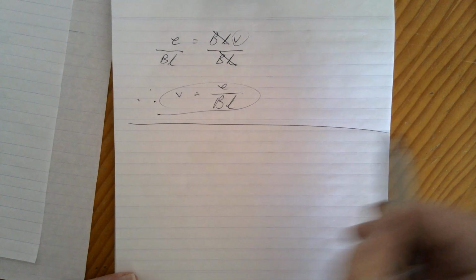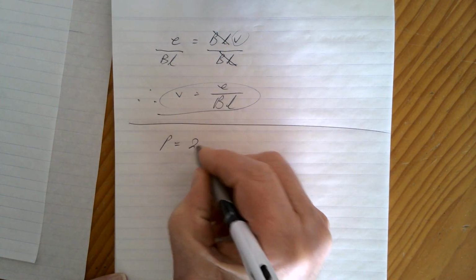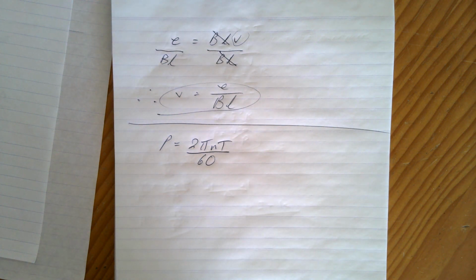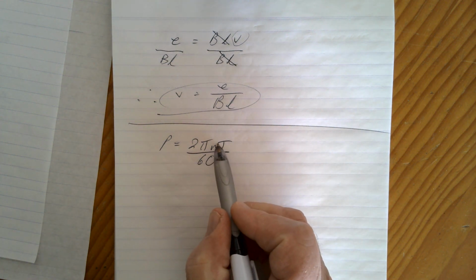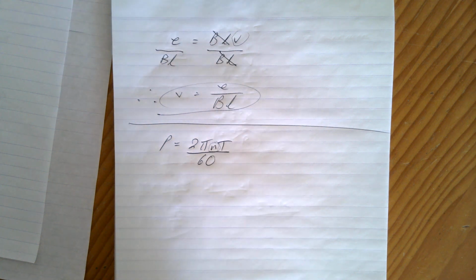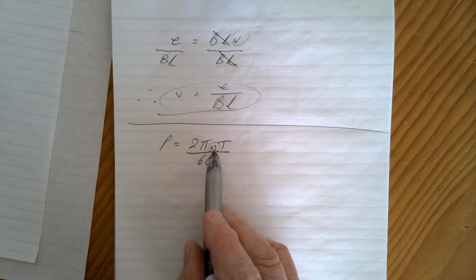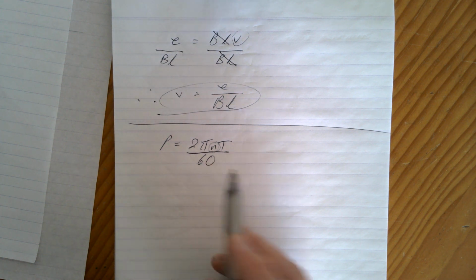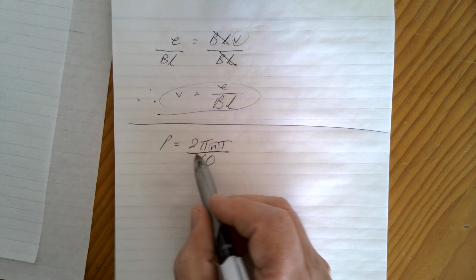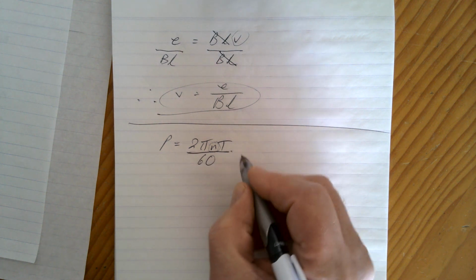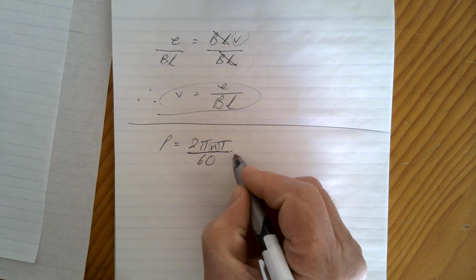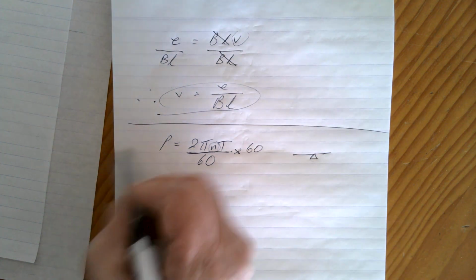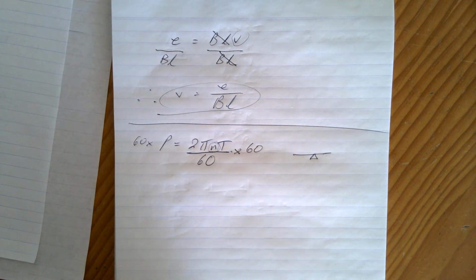If we had, say, P equals 2 pi nt divided by 60, the mechanical power equation, and we want to find the subject of the equation as N, remember we've got to get that to the left-hand side of the equal sign. So get everything on the top line first, get rid of this divided by 60 from that side of the equation so we can multiply it out, but to keep it in balance we've got to multiply that side by 60.